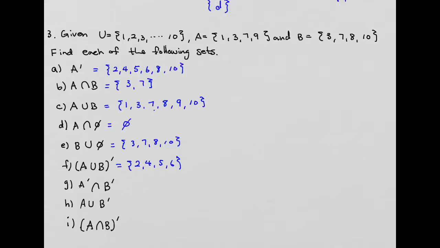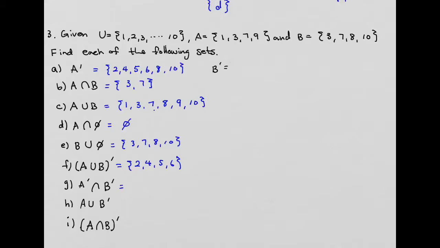What about the next one? In order to find A not intersection B not, we need to find A not and B not first. And it looks like I have A not here. So let me write the B not.